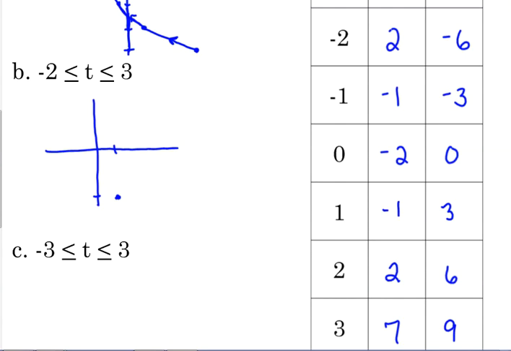And then we still have our points -1, -3, -2, 0, -1, +3, +2, +6, and +7, +9. I didn't do a very good job of centering up my graph here.